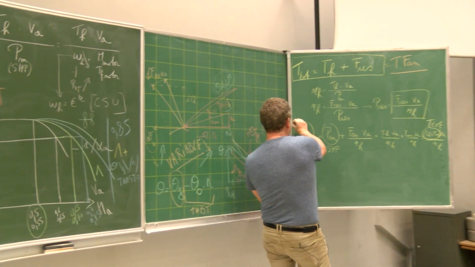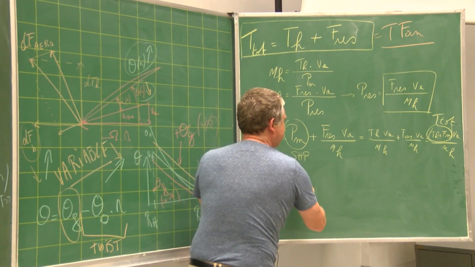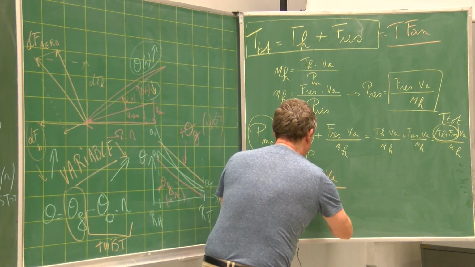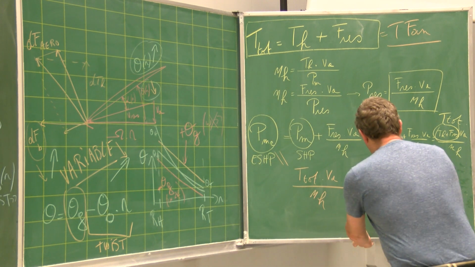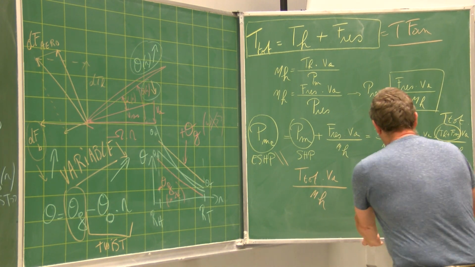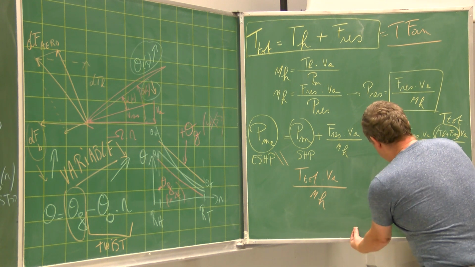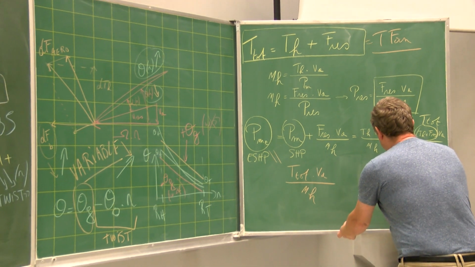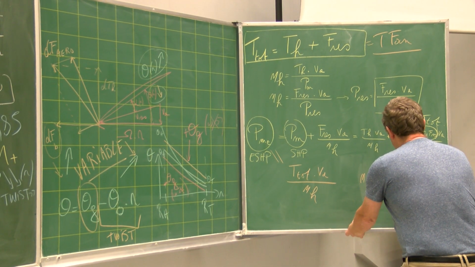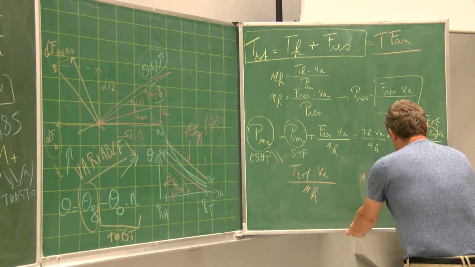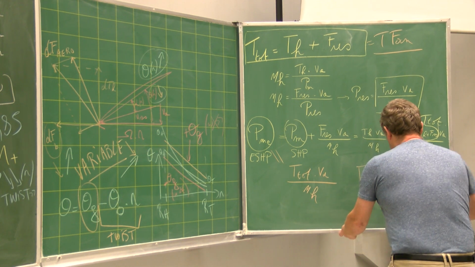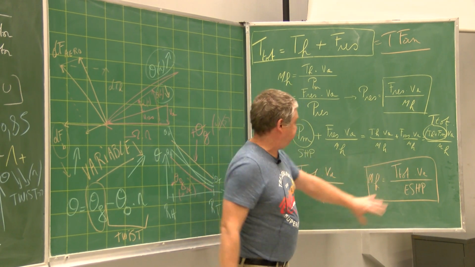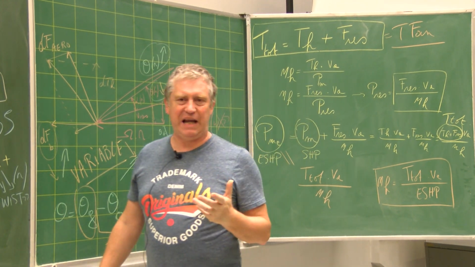You can also write eta H as T total multiplied by VA divided by the ESHP. And here you speak about a power engine, here you speak about a turbofan engine.